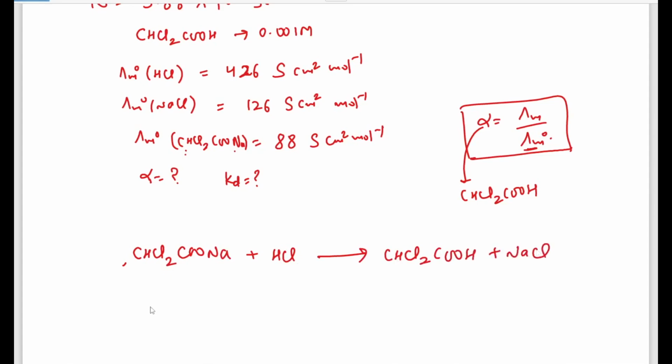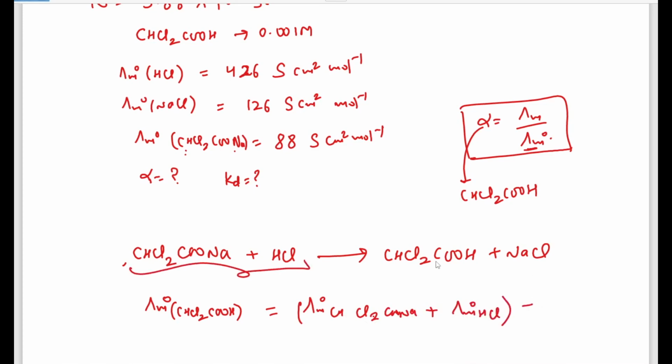To find the molar conductivity at infinite dilution for dichloroacetic acid, we add the molar conductivity of sodium dichloroacetate and HCl, and subtract the value of NaCl.